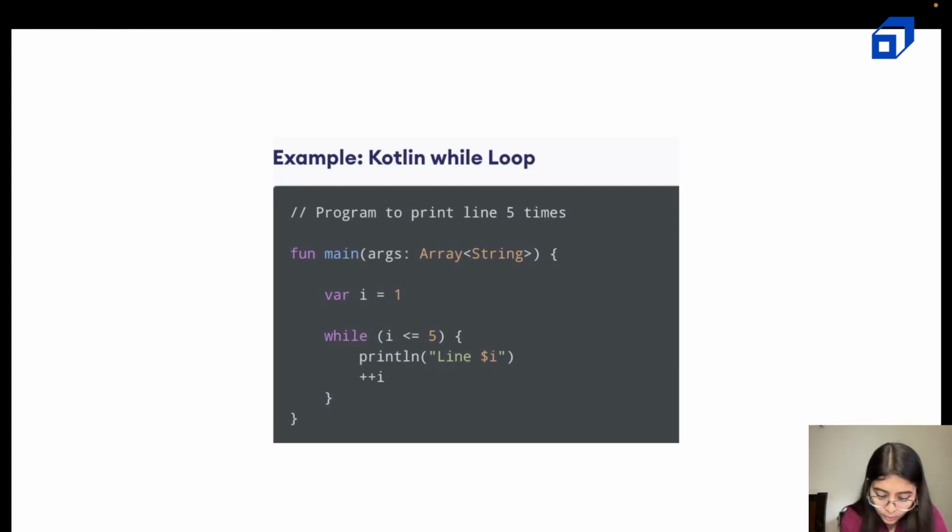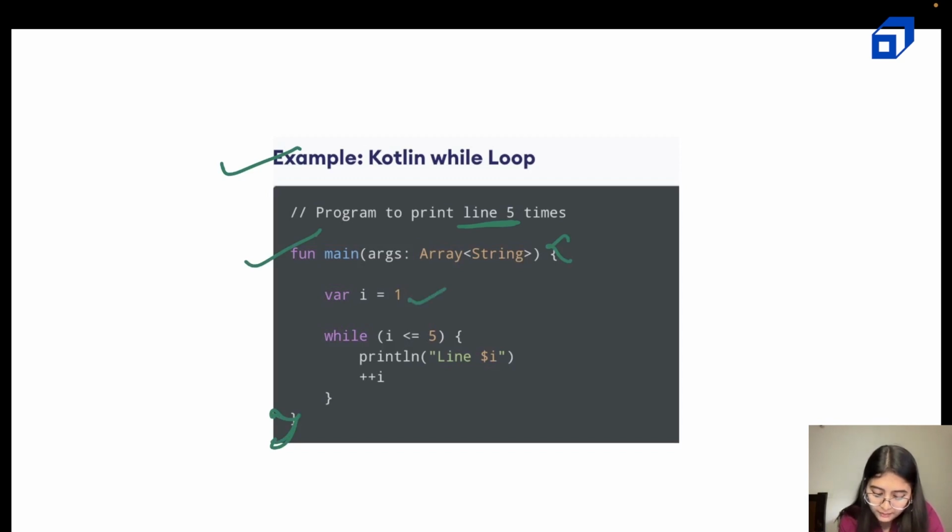Okay, so here is an example of Kotlin while loop. Let's say you want to print something 5 times. They are printing some line 5 times. So this is the function main. Inside this we are going to write our code.